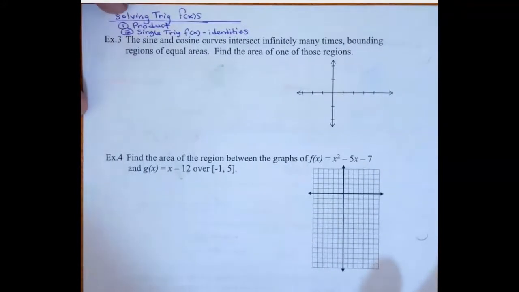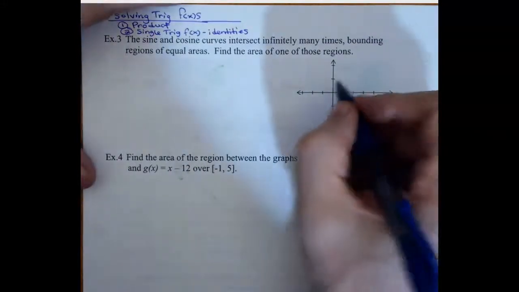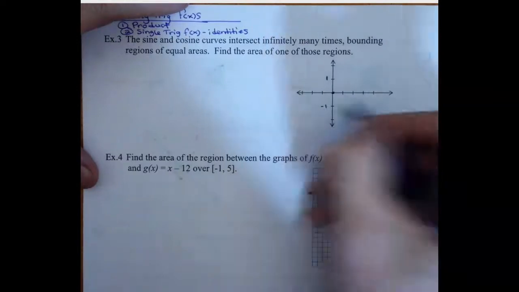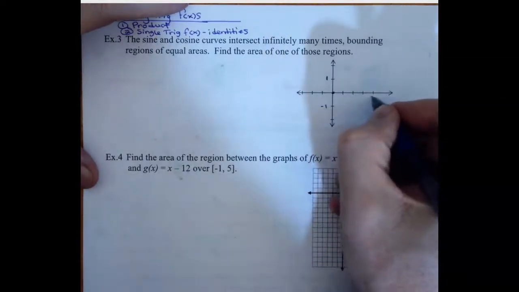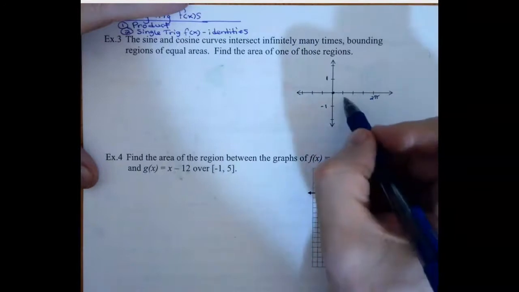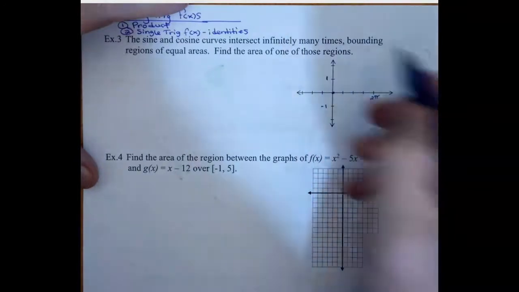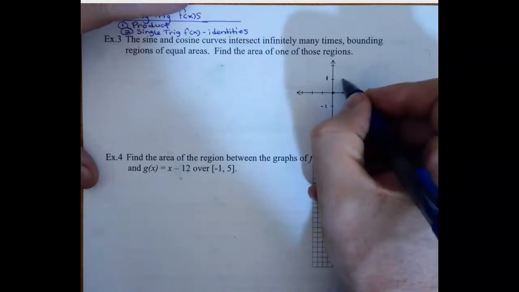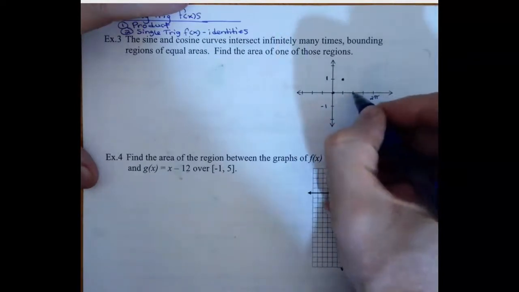Okay, let's move on here. So we want to look at the sine and cosine curves, and they intersect infinitely many times. So it says find the area of one of those regions. So probably the first thing we should do is maybe graph these. So I'll call that 1 and -1. And I'm going to call this 2 pi over here, so I'm going by pi over 2. Sine starts at 0, 0, and it goes to pi over 2, 1. It comes back down.